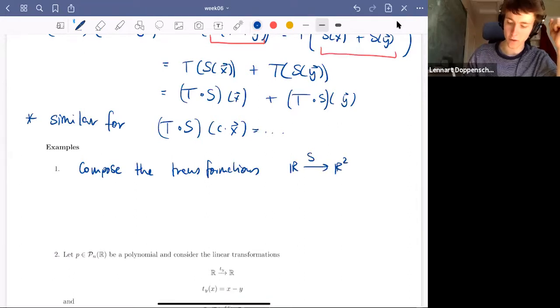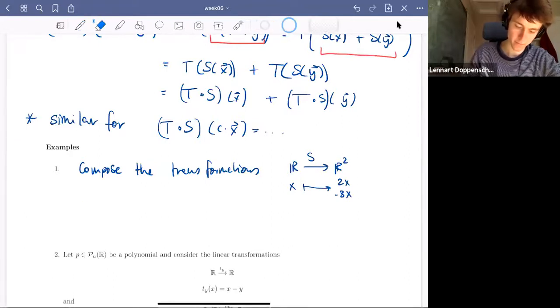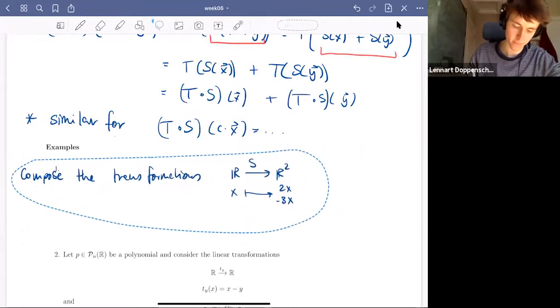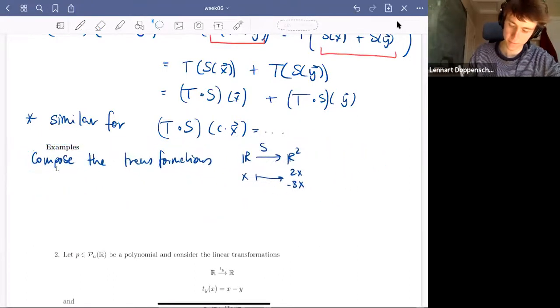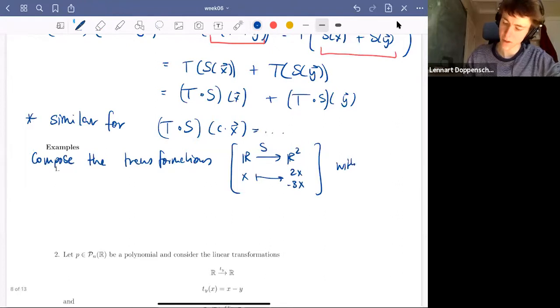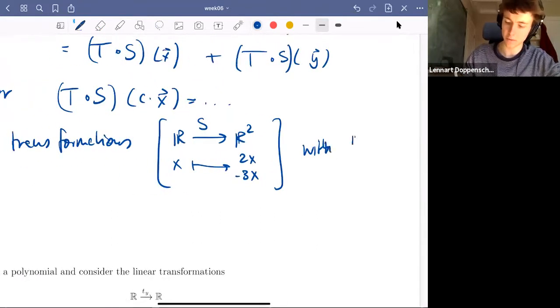S goes to R2, and this sends the number x to 2x and minus 3x, with another transformation T, and this one is going from R2 to R, and it sends a tuple xy to x plus y.